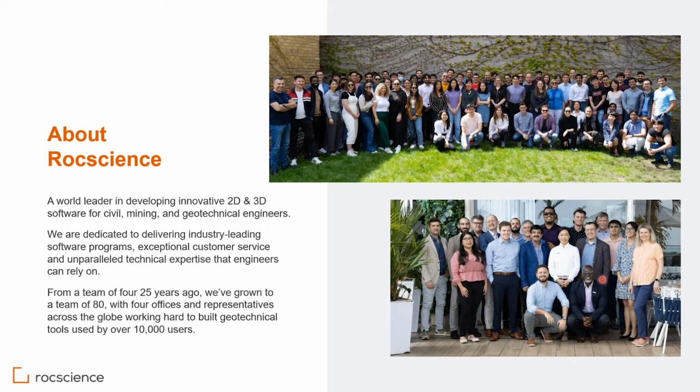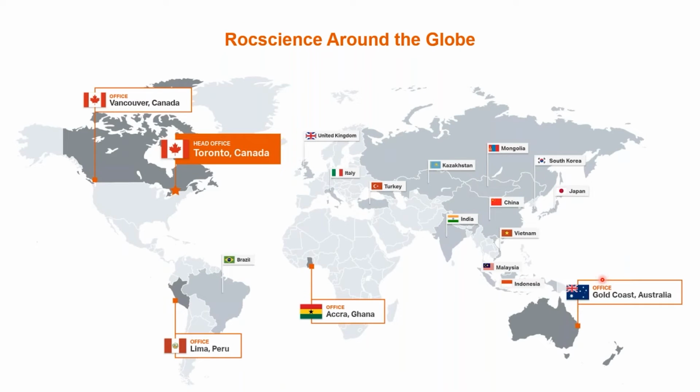From a team of about 4 people in the beginning, 25 years ago, the company grew to a team of more than 80 people with 4 offices and representatives across the globe. And we have more than 10,000 customers around the world. Our main office is in Toronto, Canada.